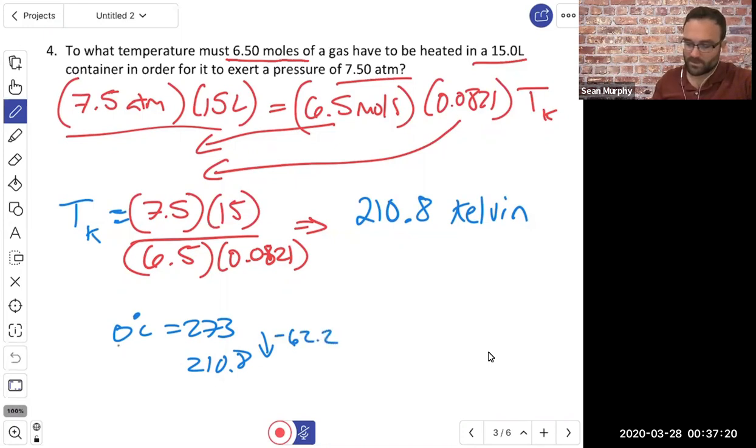That means we've got to go down negative 62.2 on the left-hand side. Make sense? Kind of? Okay. So we can say it's negative 62.2 degrees Celsius. I'm going to misspell Celsius. There you go. Clutch.